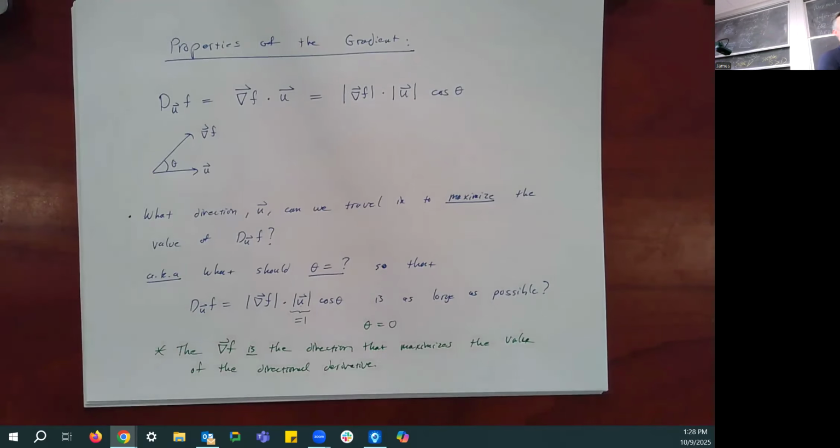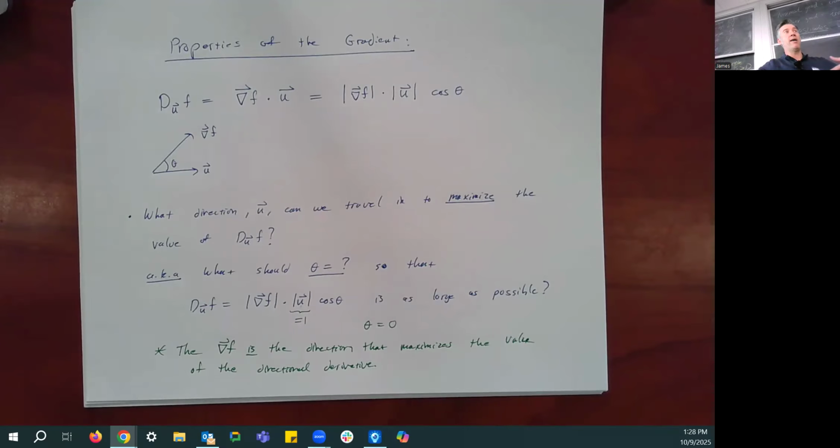Said another way, the gradient points in the direction of steepest increase. Said another way, the gradient is the direction that's the hardest to climb up the hill. If you are standing on the side of the hill and you ask, which direction does the gradient point? It's the direction that is the steepest way to go up the hill, which is usually not the way you're going to go up the hill, right? Usually you switch back. That's what the gradient is.